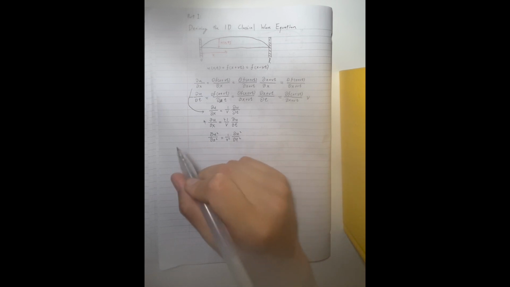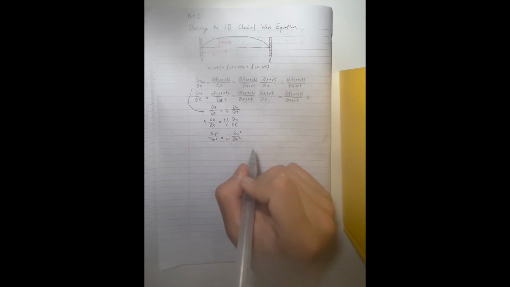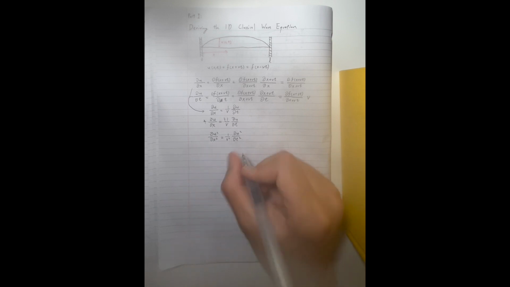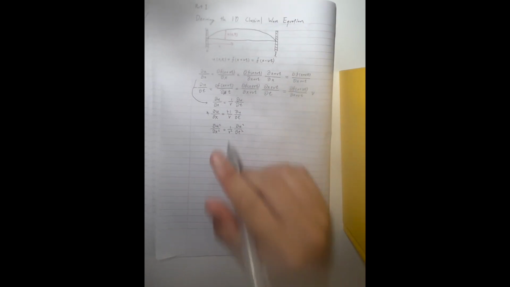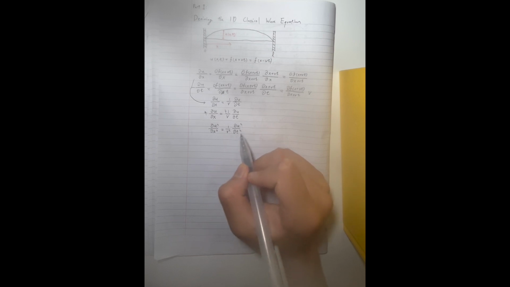I don't think this is the proper way to do it, but this is how I understood it the first time I saw it. And the end result will still be correct, but this might not be entirely mathematically accurate. But okay, here we have (du)^2/(dx)^2 and (du)^2/(dt)^2, right?